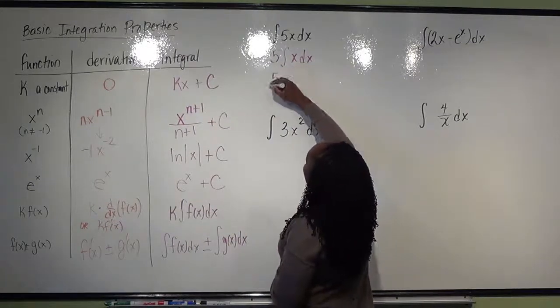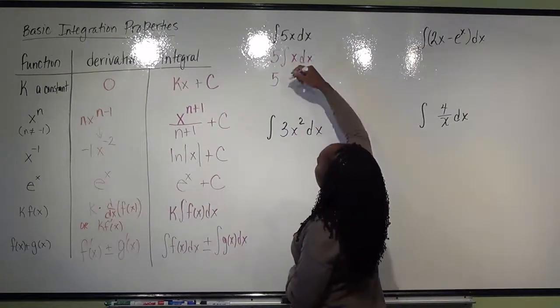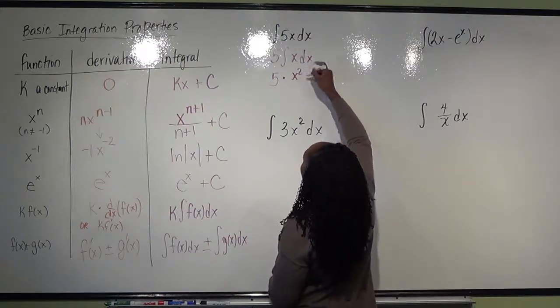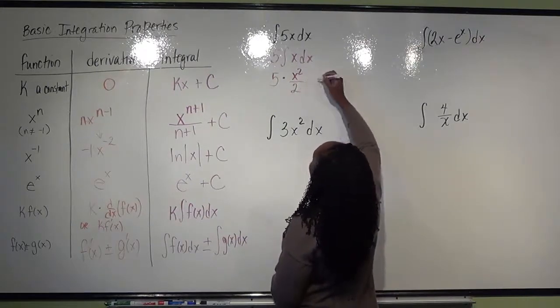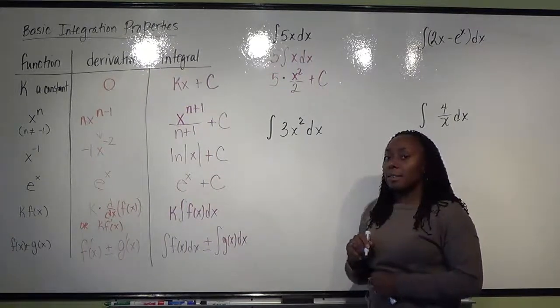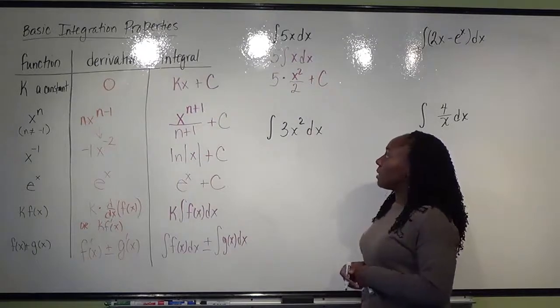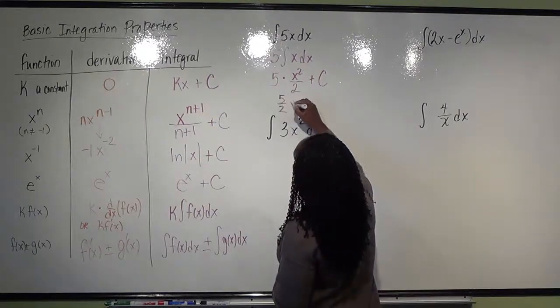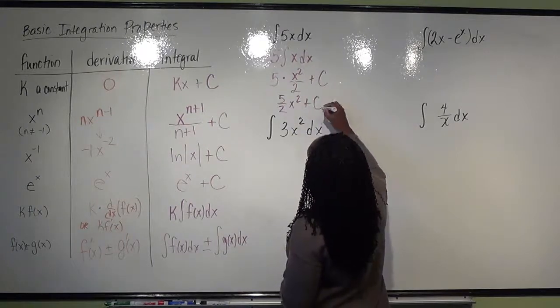When I apply my power property, this is x to the first, so I'm going to get an x squared, so adding 1 to my exponent over 2 plus c. And again, we always want to simplify, so here I can think of this as 5 halves x squared plus c.